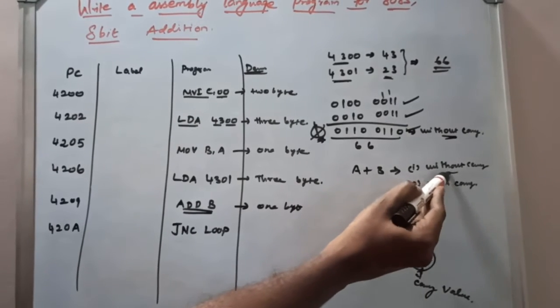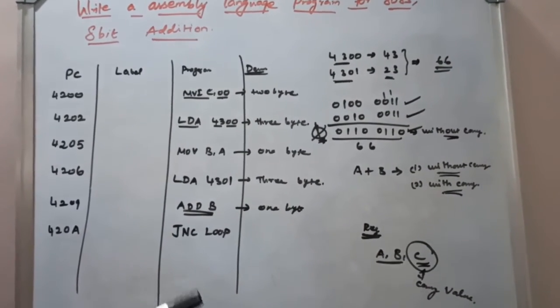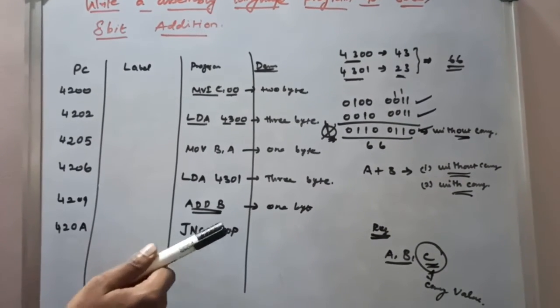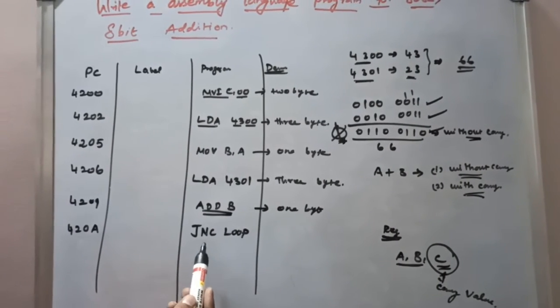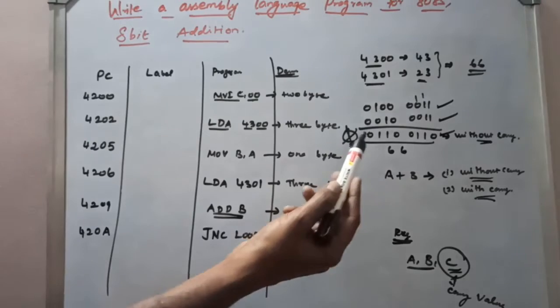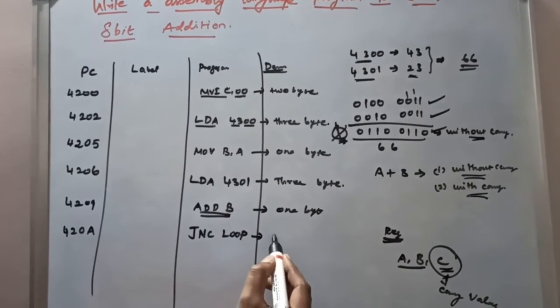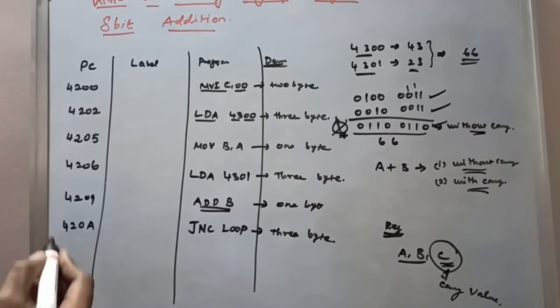One possibility is without carry and the second possibility is with carry. So there are two responses produced. Just check the condition, without carry or with carry. In case there is no carry, it goes to the loop. In case any carry is produced in the addition function, it executes the next instruction. So it's a 3 byte instruction. So 3 address locations are required.